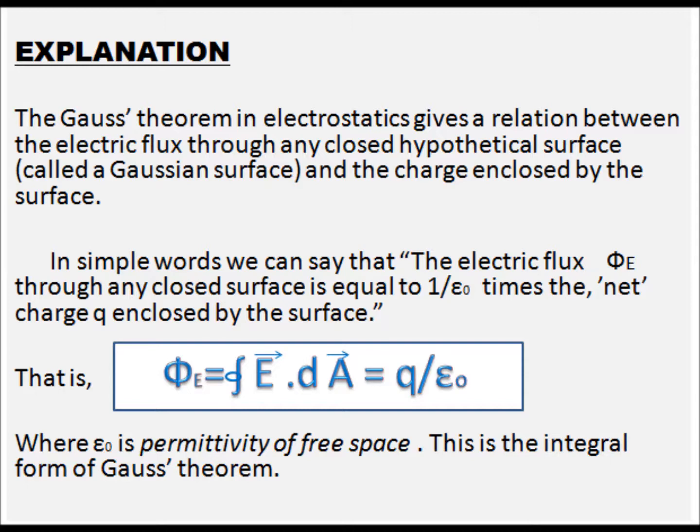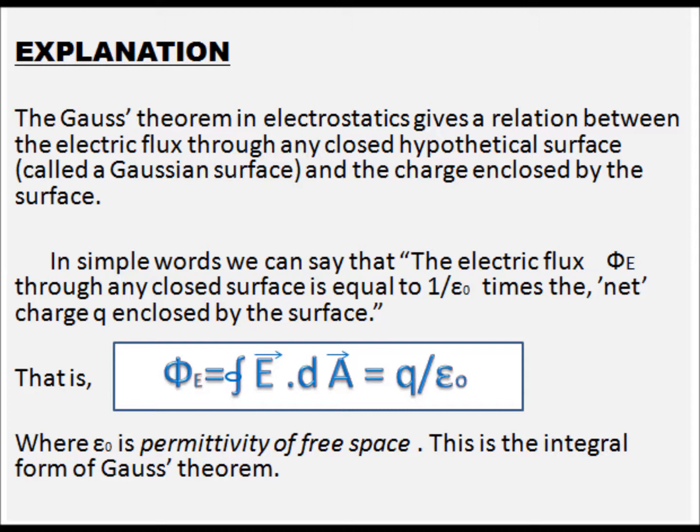It means that in any closed surface, electric flux is equal to 1 upon epsilon naught times the net charge enclosed by the surface, where phi E is the electric flux and Q is the charge.